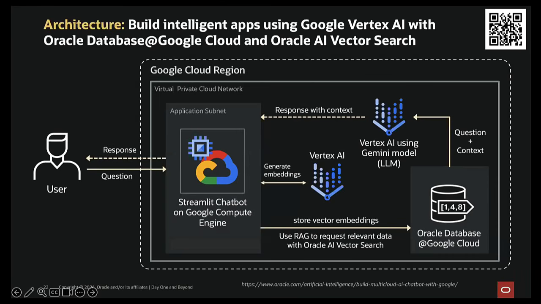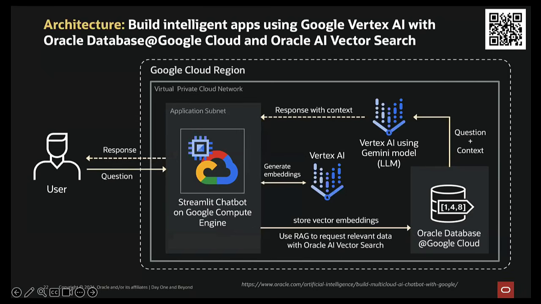Using the Gemini LLM models, Vertex AI converts the user's natural language question into vector embeddings that will be stored on your Oracle AI database.